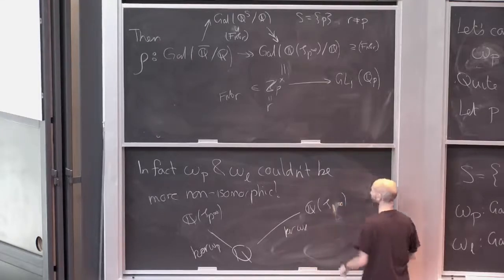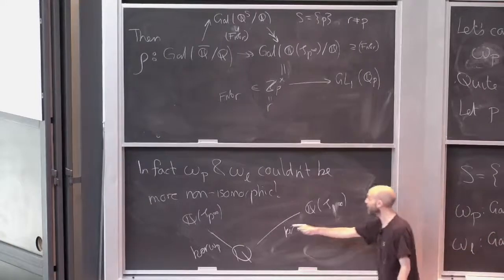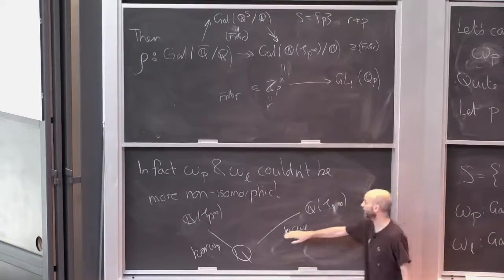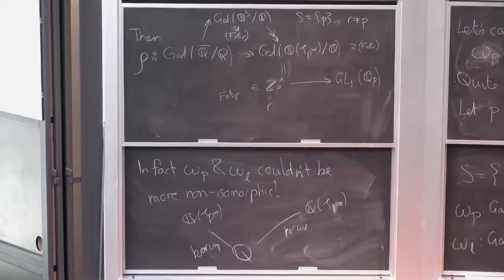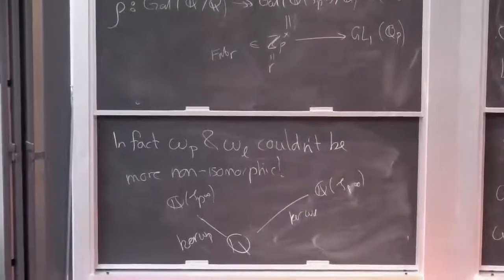So what's going on here is something really mysterious. Brauer-Nesbitt says that a representation to GL_N of Q_p is determined by its trace, but this crazy example shows that you can have two completely different representations to GL_N of Q_p and GL_N of Q_L, and they might look like they've got the same traces, but they're not isomorphic at all, right?